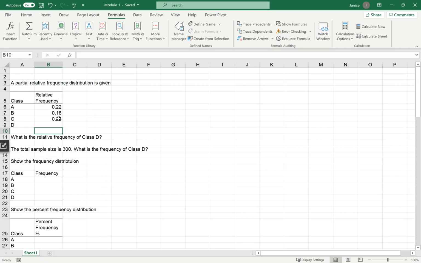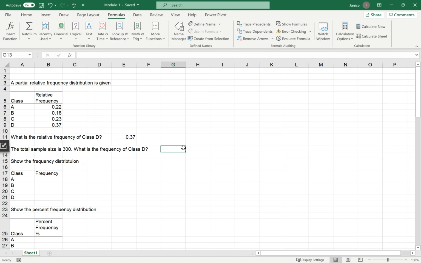So that would be 100%. So to find D, we can simply say 1 minus the sum of these numbers, and we get 0.37. So the relative frequency of class D is 0.37.